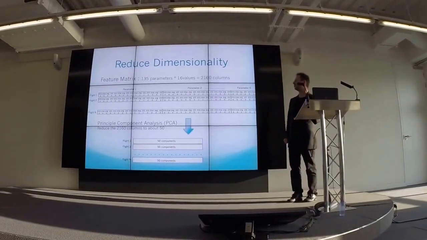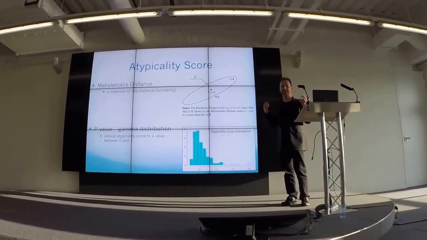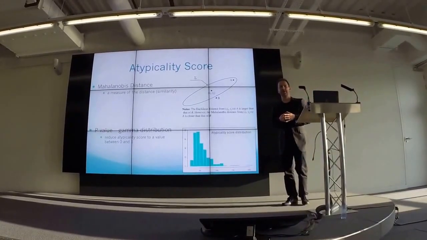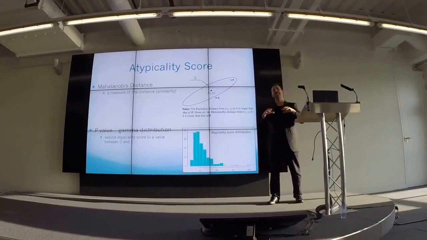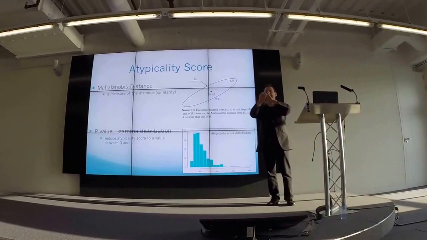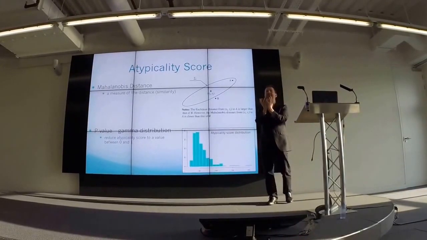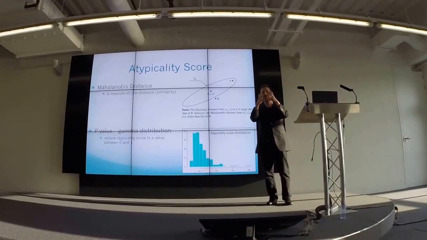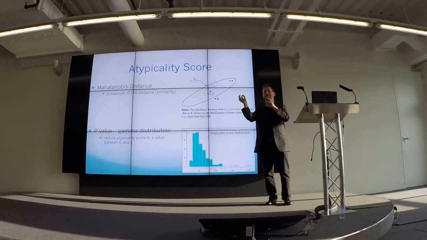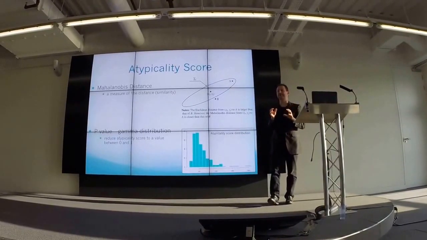So now that we have our feature matrix, we need to see how to compute if something is atypical or not. You can think of each flight as a point in a 50 or fewer dimensional space, and we want to find which of these points is really an outlier, really away from everything else.